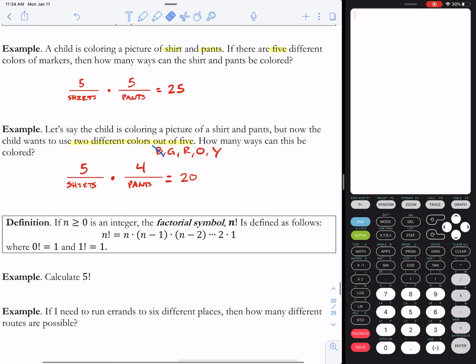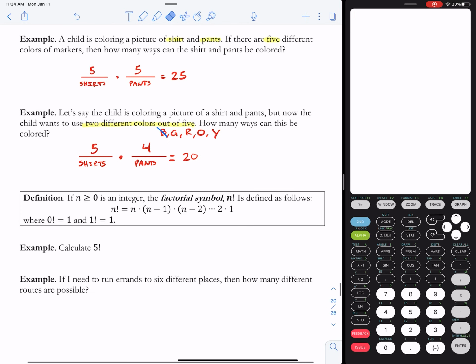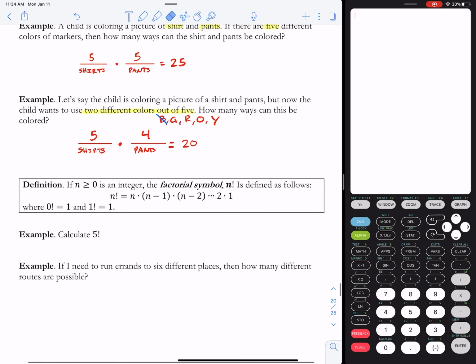Okay, now we're moving on to something a little bit new. I mean, the other one was new as well, but what we're looking at is factorials. So if n is greater than or equal to 0 and it's an integer, the factorial symbol, let's see if I can highlight that a little bit there. There you go. It's like the exclamation mark, like somebody yelling, basically.